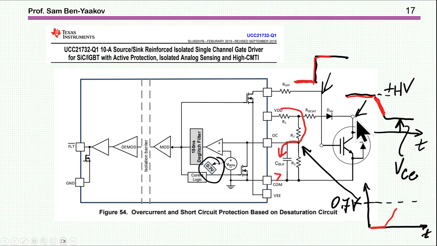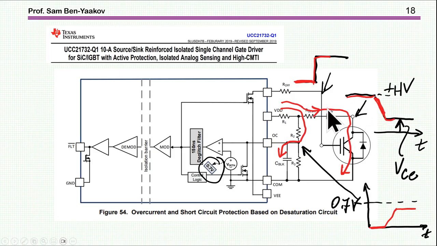Meanwhile, the voltage across the transistor that we wish to protect is starting to go down, while the voltage here, at the sense point, is going up. Eventually the voltage here will go all the way to the nominal collector voltage, say 2 volts.